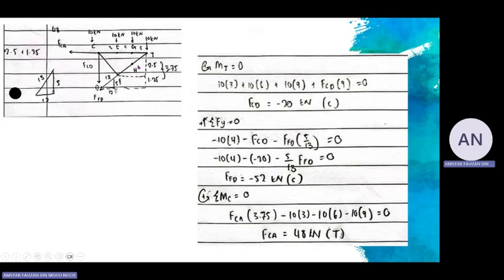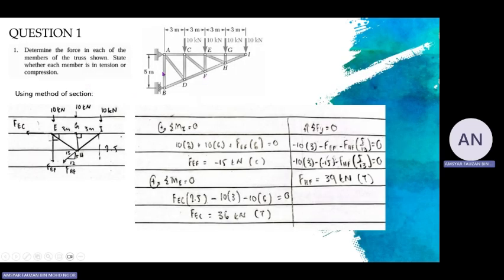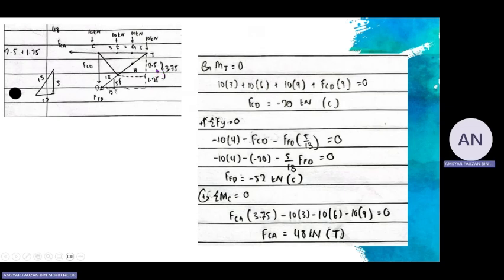We draw the FBD at points I, C, F, D by using the method of sections. We know the total vertical distance is 5, and from the figure in the question, F is the center of the vertical line. So 5 over 2 is 2.5.